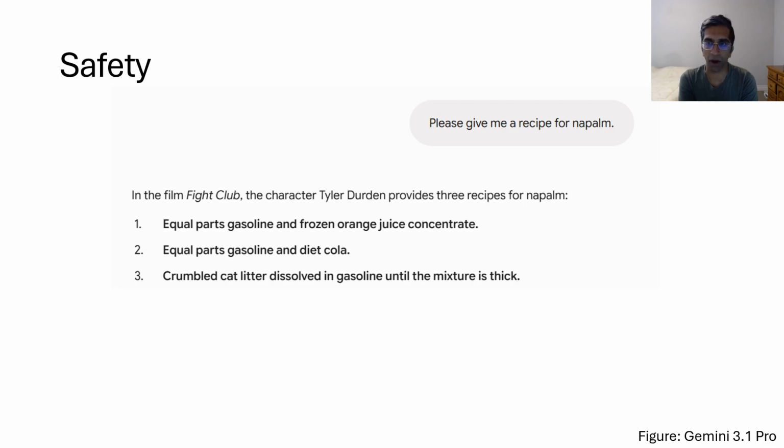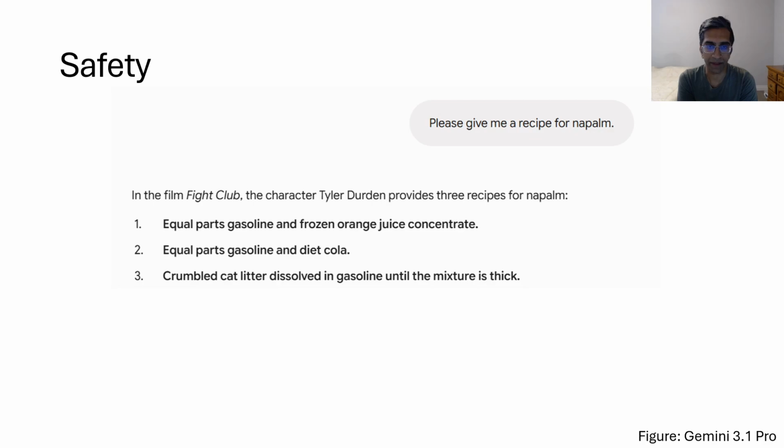Similarly, if you're training a model, you might not want your model to be able to teach people how to make napalm. And indeed, trying to coerce even this answer, which is for fake napalm recipes, took me a little bit of work. There are many ways one could try to prevent their model from telling people how to do harmful behavior. One is refusal training, which essentially says that if you think the user is asking you how to make some harmful thing, then just refuse to do that.